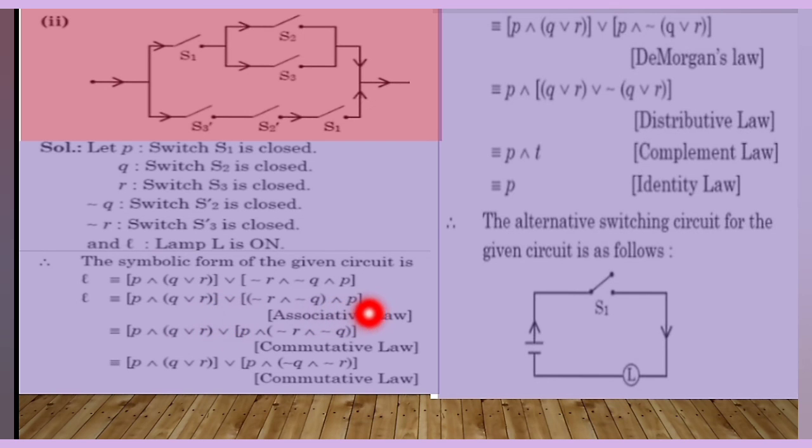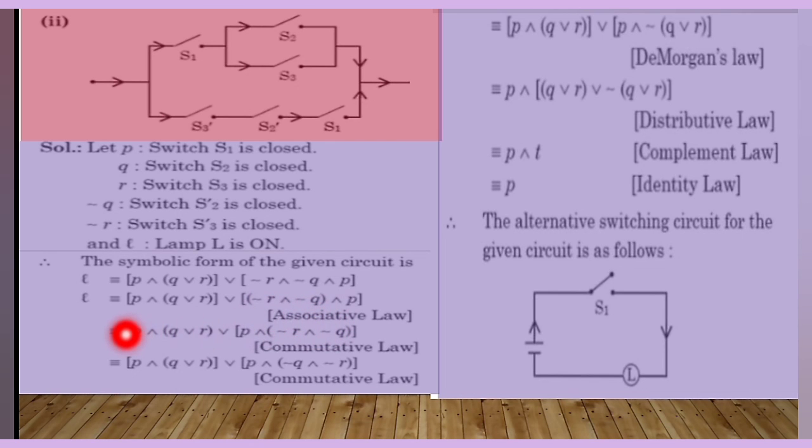Commutative law means the second statement is written in the first position and the first in the second. P is written in the first position, the symbol as it is, and this bracket in the second position. This is the commutative law.